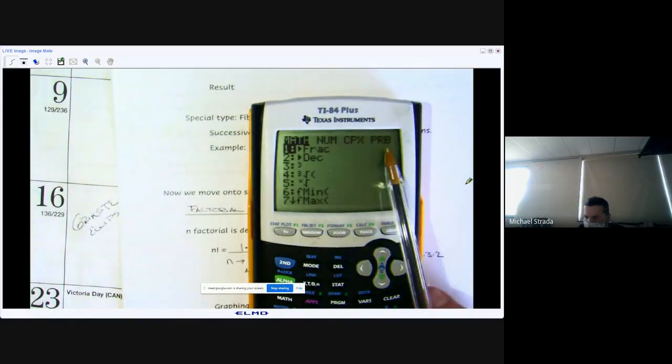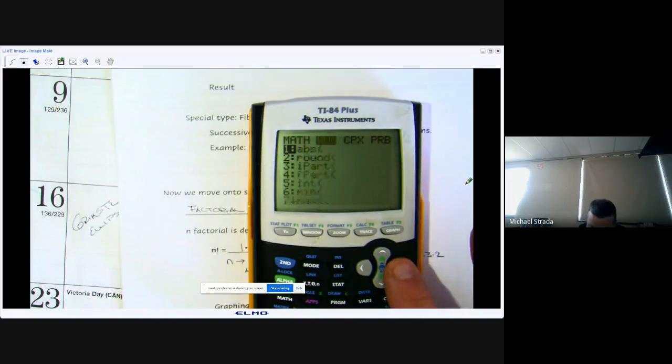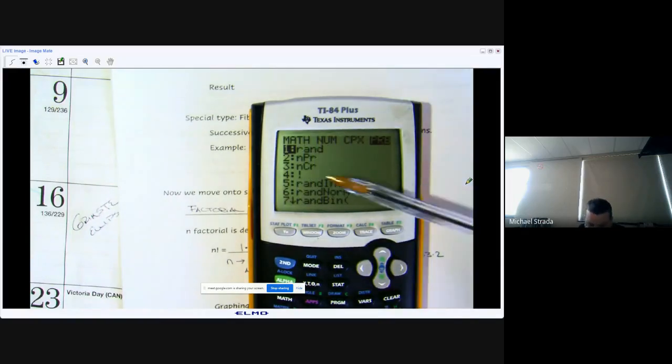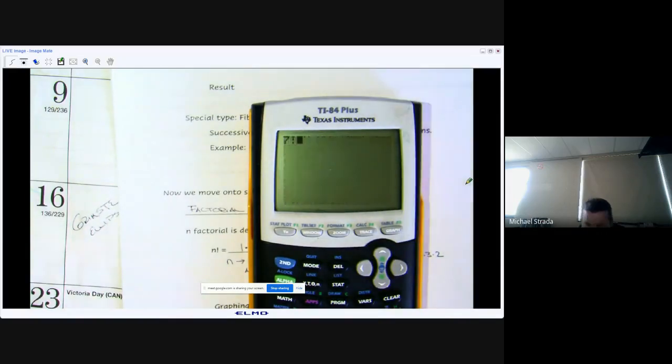I go over to the PRB menu, and you'll see next to number 4 the factorial symbol. So 7 factorial, and then you hit enter. And you see the answer is 5,040. Okay?